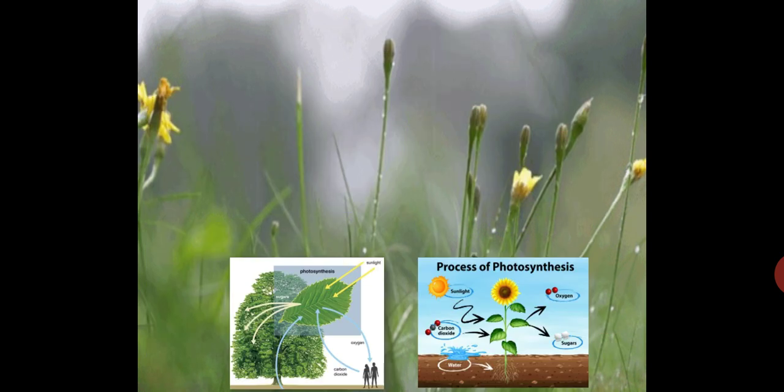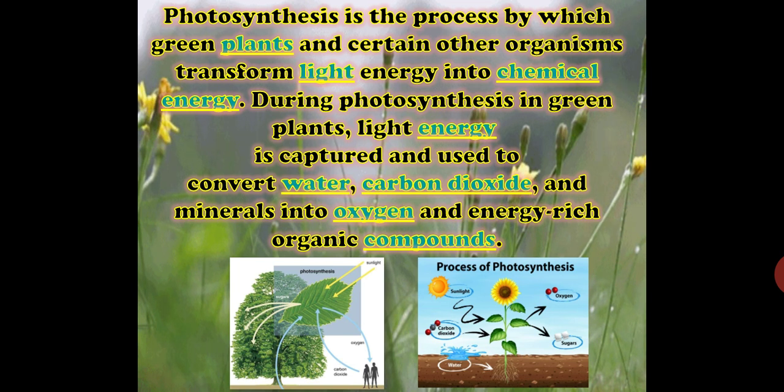Before we proceed, let me give you the definition of photosynthesis. Photosynthesis is the process by which green plants and certain other organisms transform light energy into chemical energy.